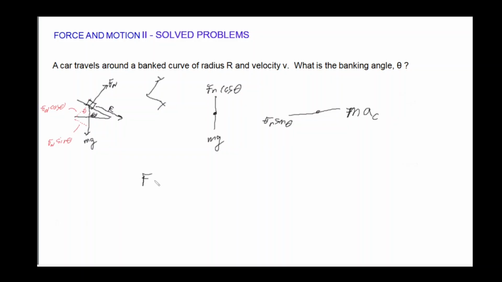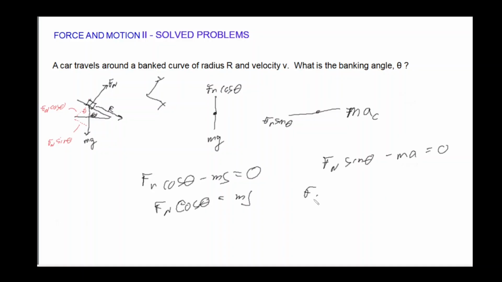So if we write these out, Fn cosine theta minus mg equals 0 because the car isn't going up and down, and Fn sine theta minus ma equals 0 because the car isn't moving along the radius. So Fn cosine theta is equal to mg, and Fn sine theta is equal to m, and acceleration is v squared over r.